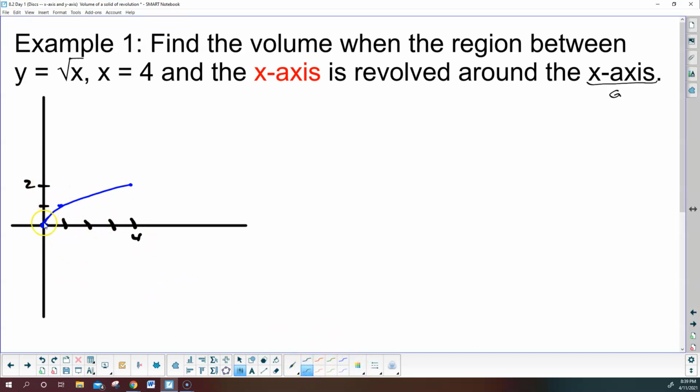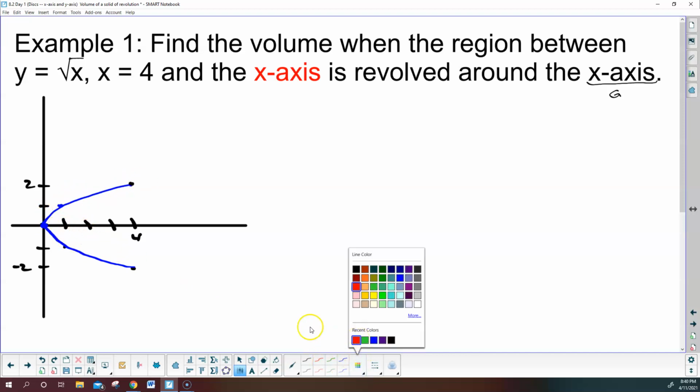Now, let's reflect. So when I reflect, the highest point I went is 2, so the lowest I'm going to go is negative 2. And instead of going up 2 here, to get this point, we'll go down 2. And instead of going up 1, we'll go down 1. And then I'm just going to draw the rest of that curve in. And if you're really good, this curve below should match perfectly the one above.